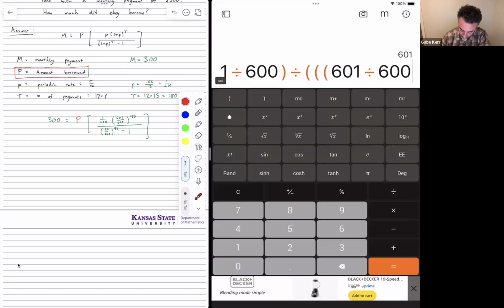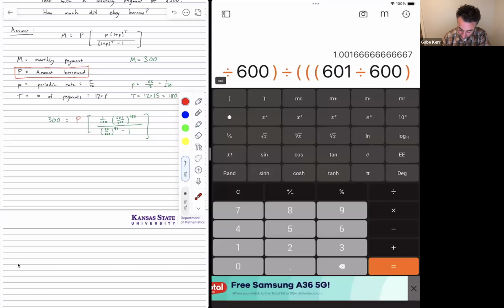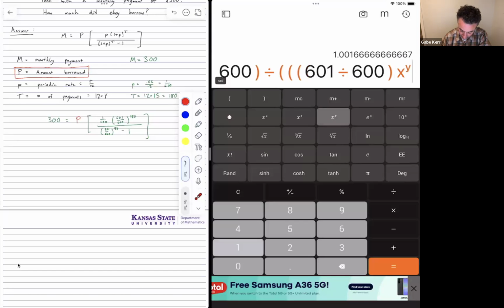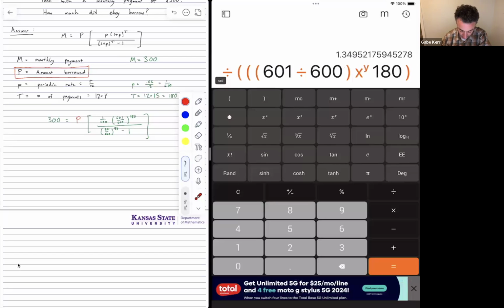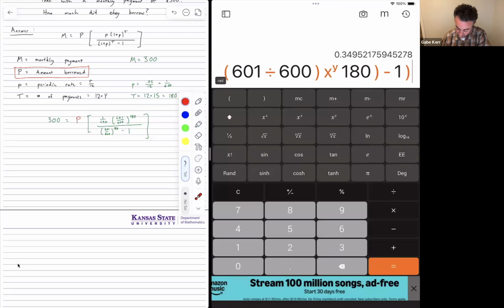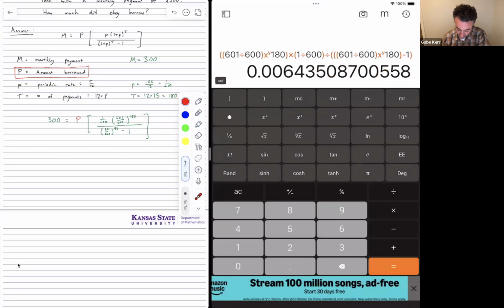I'm going to get that number. I'm going to take that to the 180th. I'm going to put parentheses around that, and I'm going to subtract 1 and put parentheses around that. And that's my denominator. That's kind of staring us in the face right now. And I've divided by it, so I'm going to go ahead and calculate this, and I get this lovely number. So let me just keep that number.